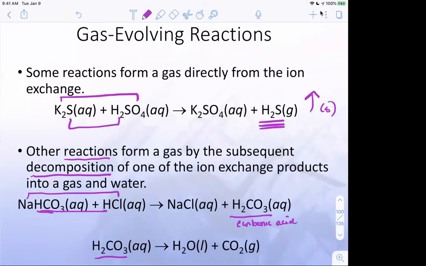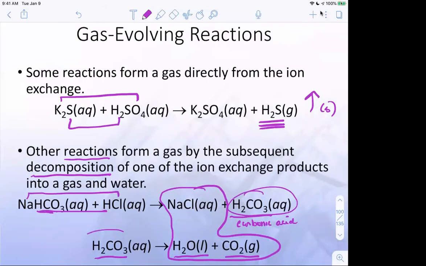Carbonic acid is going to spontaneously decompose to produce water and carbon dioxide. So the actual product of this reaction is this, because this is going to go ahead and react to form the water and carbon dioxide.